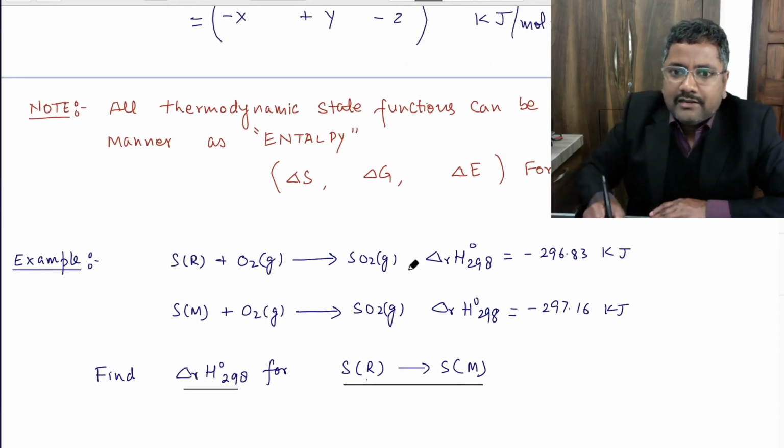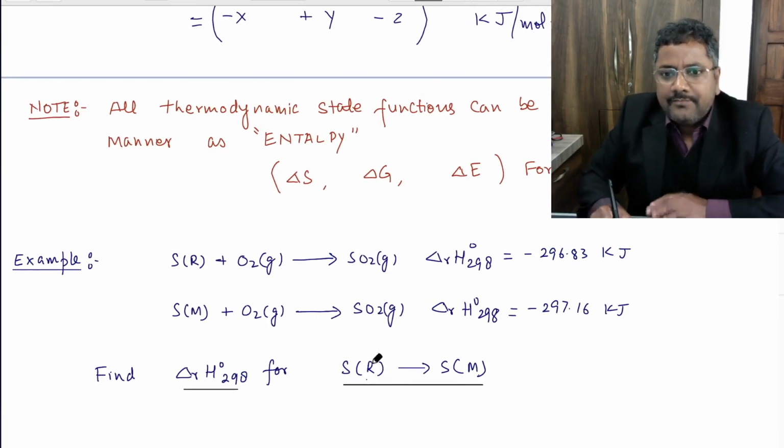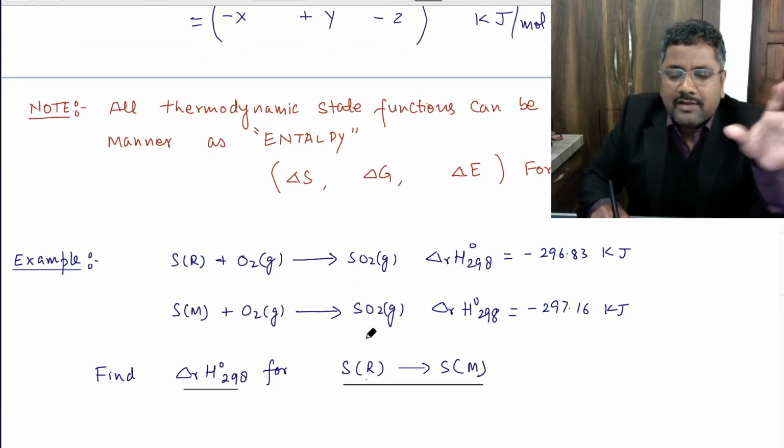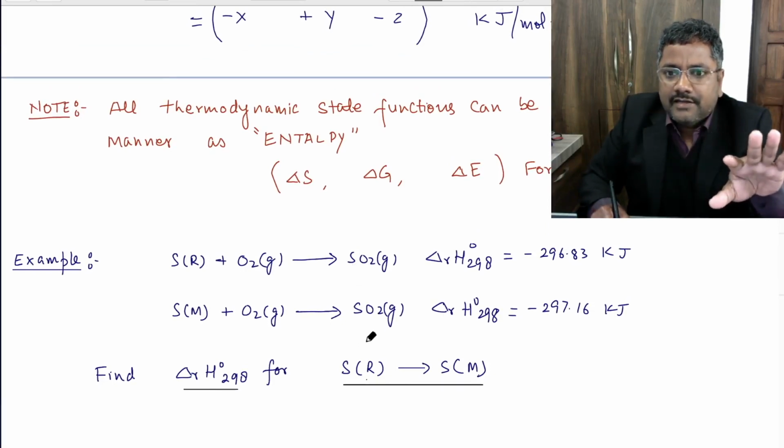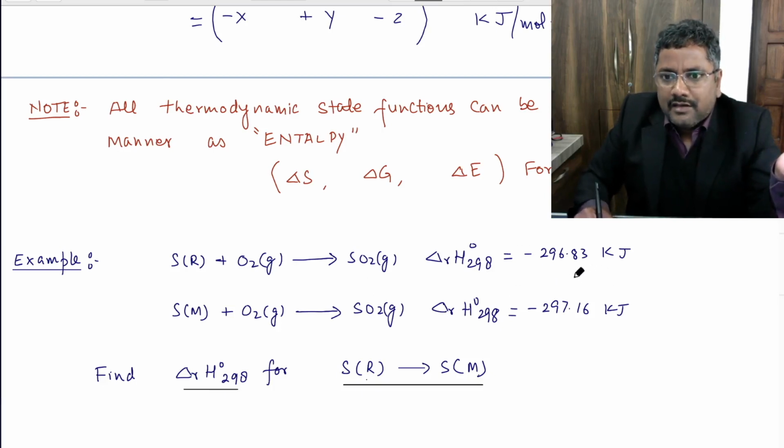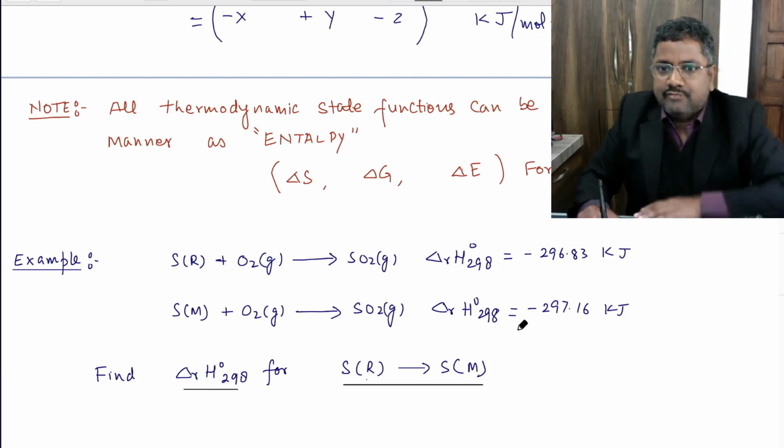So manipulate these two equations in such a way that you will get this. And if it is required to multiply or divide the equation by any factor, you can multiply and divide, and accordingly delta H also will be multiplied and divided, as it is an extensive property, right?